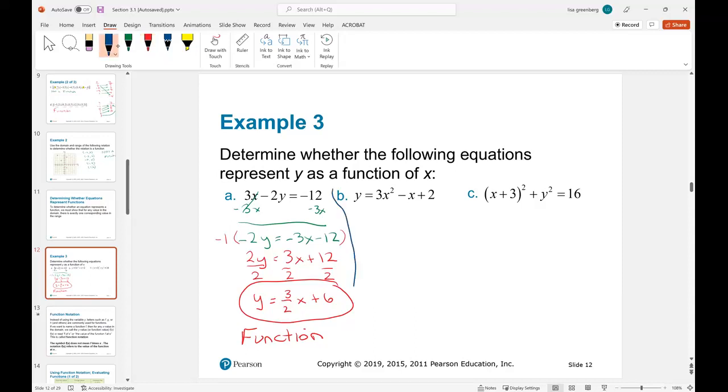Okay, let's talk about the second one. Well, the second one's already solved, so I don't have to solve for y. No matter what value of x I put in, I'm going to get one value of y.